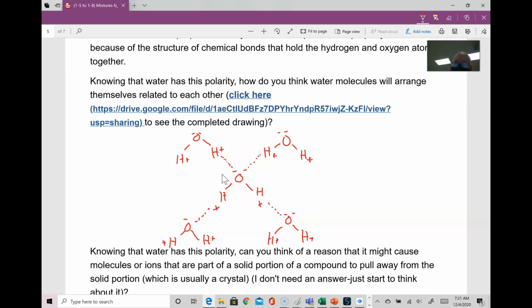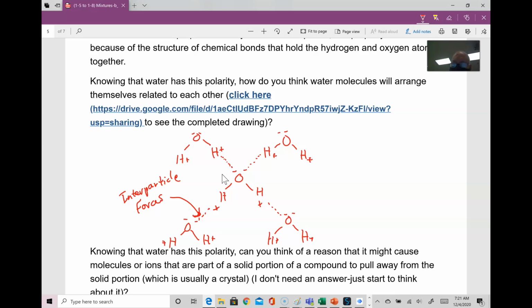Okay, and so water molecules in a sample of water will arrange themselves sort of like this. Now, it won't stay exactly like this. These forces here, and remember these are interparticle forces, are not strong enough to keep them completely locked into place unless the temperature is low enough, in which case we have ice, right?